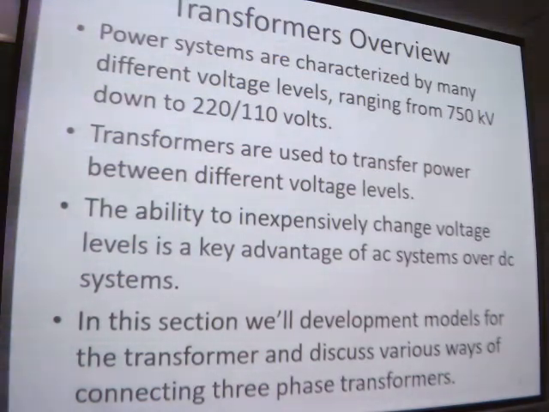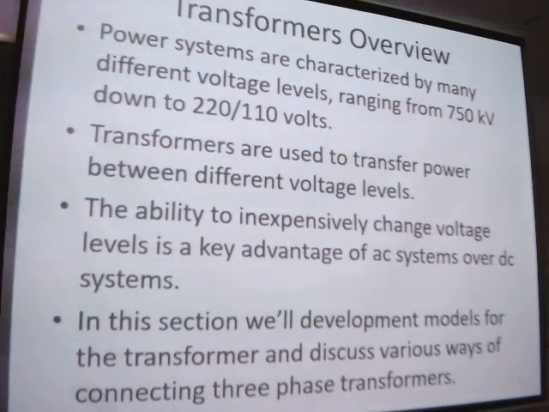the first thing is that the power system is characterized by different voltage. The second thing is that transformers are used to transfer the power between these different voltage levels. And so the one is the ability to change the voltage levels without very high cost.